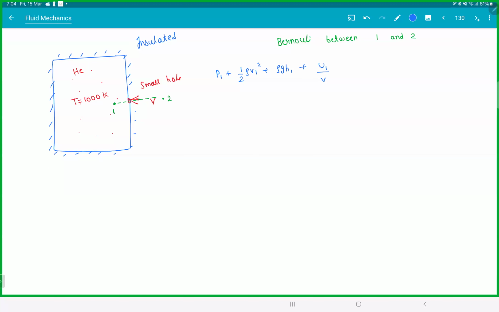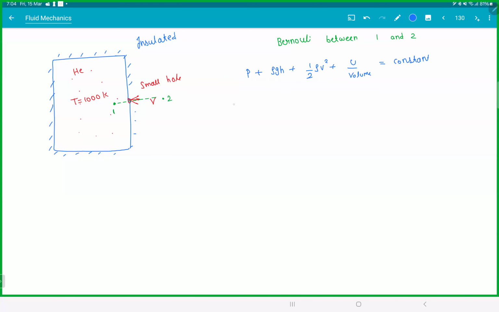Let me just write it like this: P plus rho g h plus half rho V square plus potential energy by volume is constant.